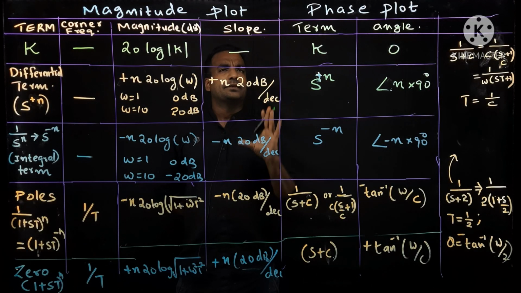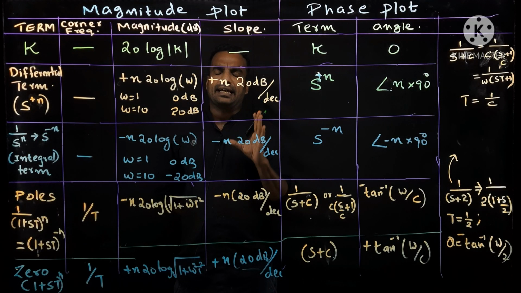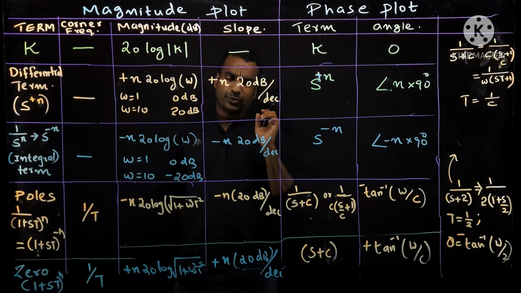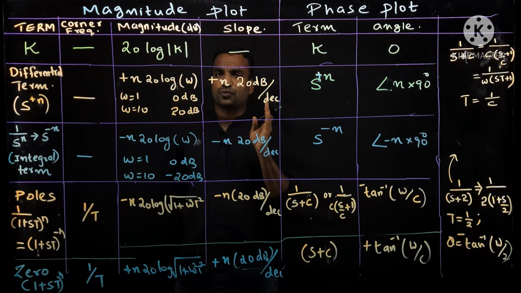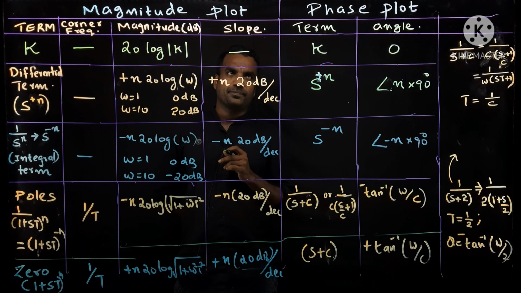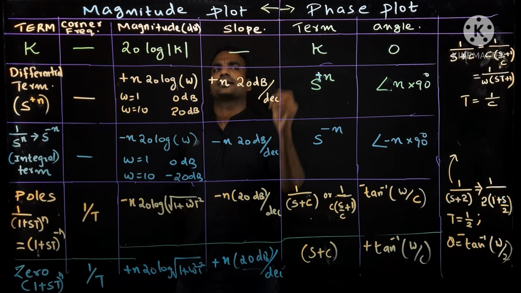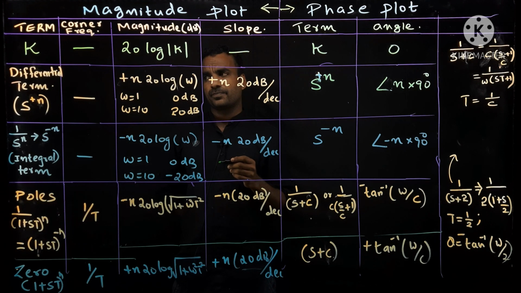So this table represents the standard results or standard notations that you may have to learn by heart for doing the problems of Bode plot. This side represents the magnitude plot and this side represents the phase plot.